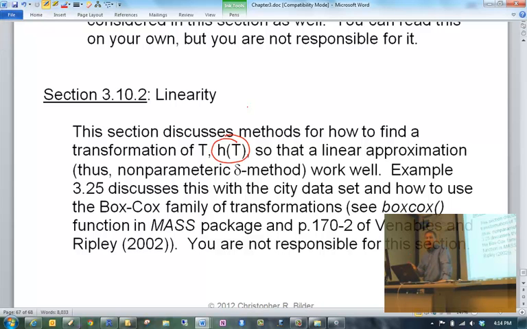And they use a Box-Cox transformation with a regression model to help figure that out. When I was starting to write everything up for these lecture notes, I was, of course, trying to reproduce an example. I was able to reproduce about half of it, but not all of it. I can't figure out what I'm doing wrong, or if maybe they're doing something wrong. I don't think they are. It's just maybe my misinterpretation. And I eventually got to a point where I couldn't spend any more time on this.